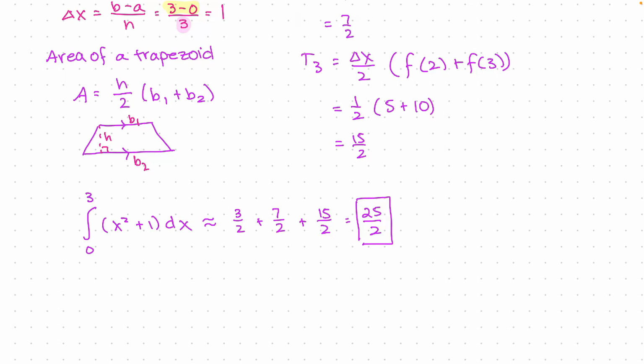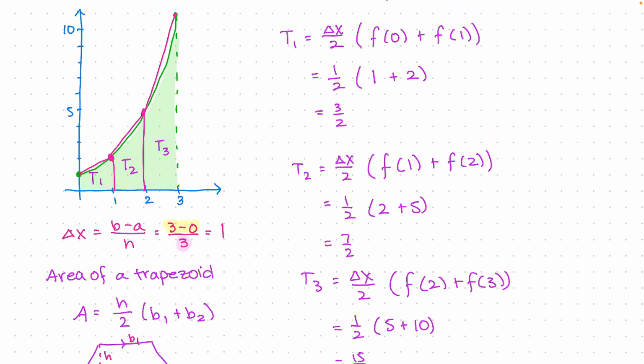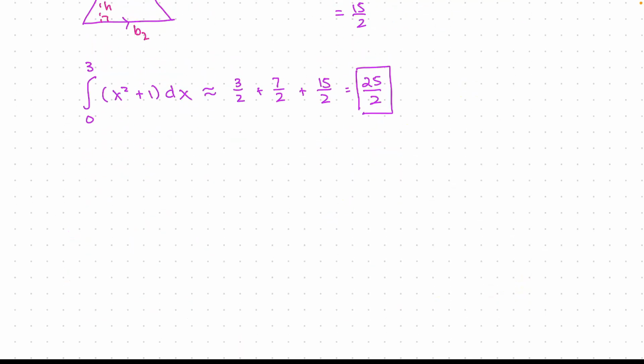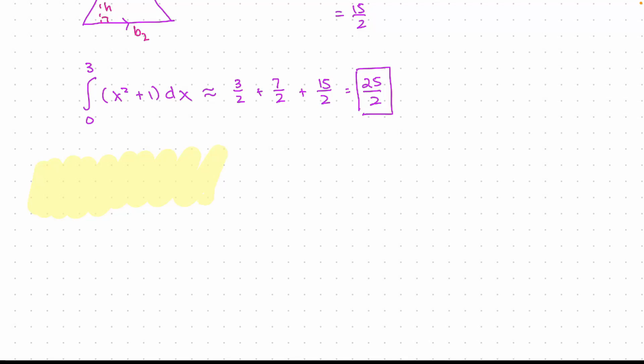Now there is a formula that you can use if your widths are equal, like they were in this problem. So let's go ahead now and take this and try to condense it down to an equation. So I'm going to go back up here to our work. What I'm going to do is take this form of T1 and T2 and T3 and put them all together, and let's see what happens when we do that. So down here, all that stuff that I highlighted above, that's where I'm going to get all this stuff below.